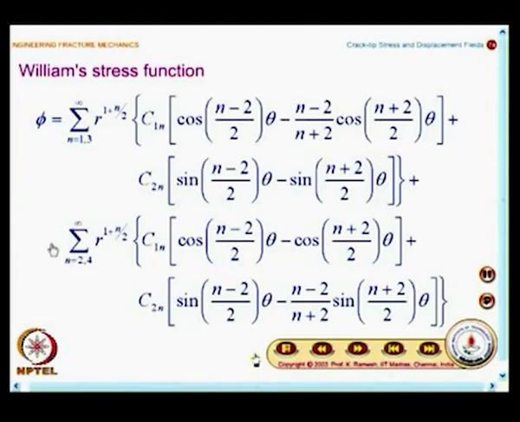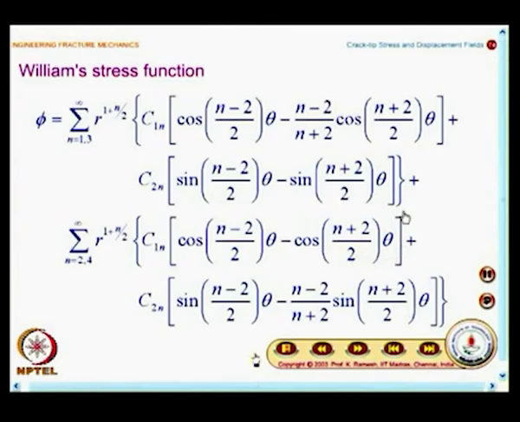And the second series for n equal to 2, 4, 6 etc. you have r power 1 plus n by 2 multiplied by C1n cos of (n minus 2)/2 theta minus cos of (n plus 2)/2 theta.